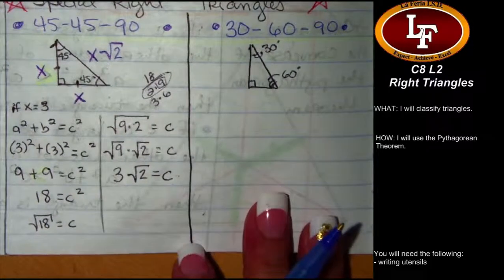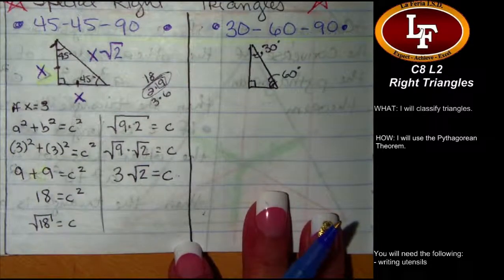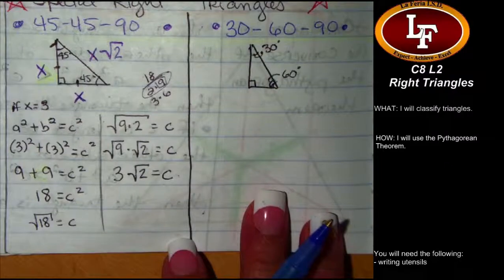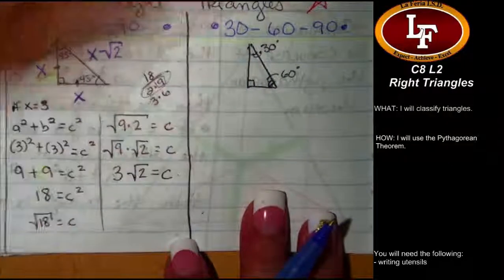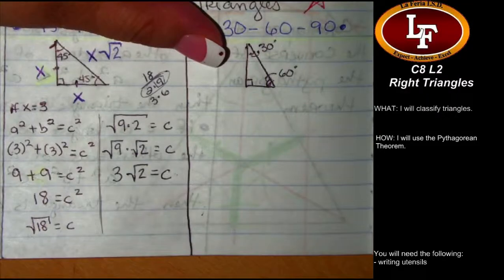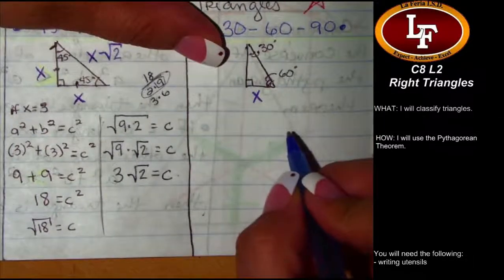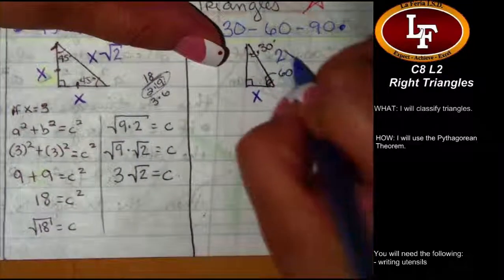Like the 45, 45, 90, its sides too have a special proportion that they come in. This set pattern will always happen when you have a triangle with degrees 30, 60, and 90. The pattern is this: whatever the measure of the short side is, the hypotenuse is going to be 2 times that.